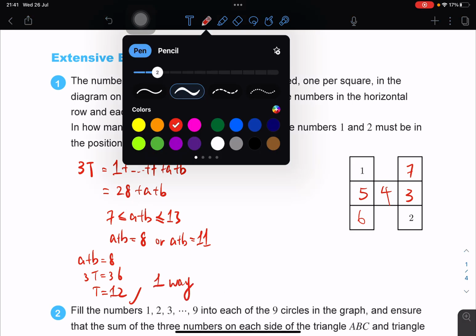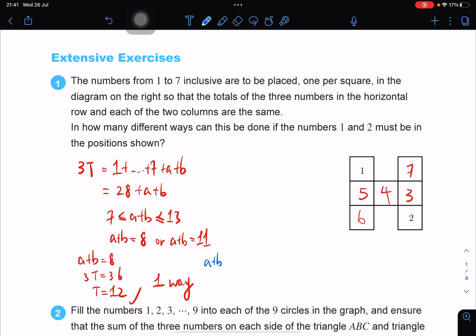And if A adding B equals 11, now we can see that has to be 7 adding 4 or 6 adding 5. All right, so first of all, we can also see that 3t is equal to 39, which means that t is equal to 13.